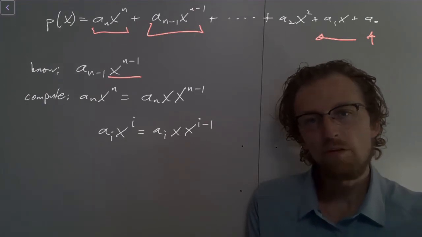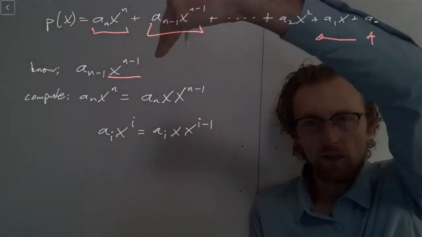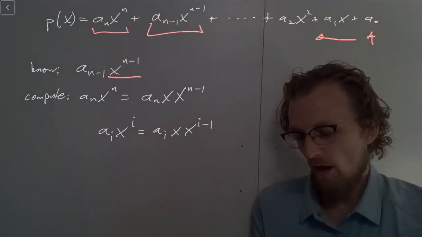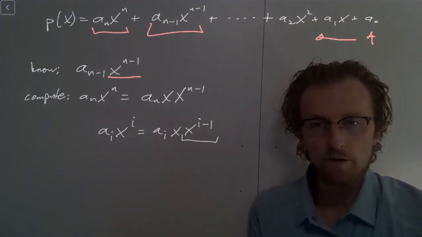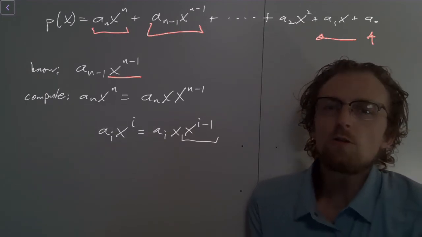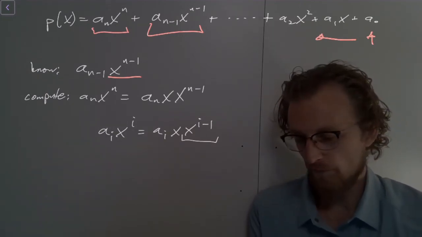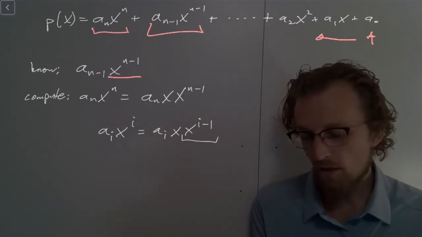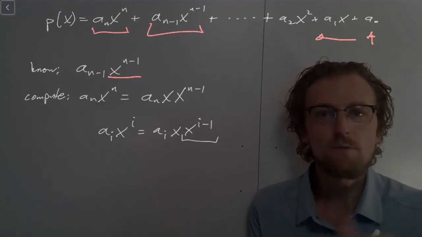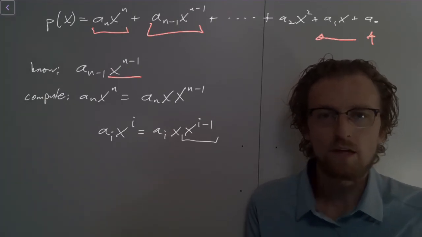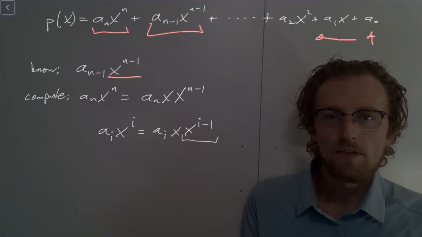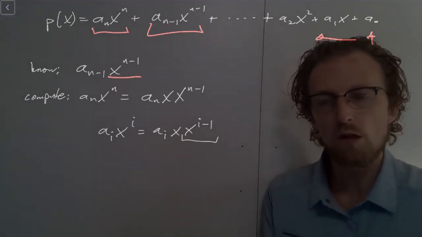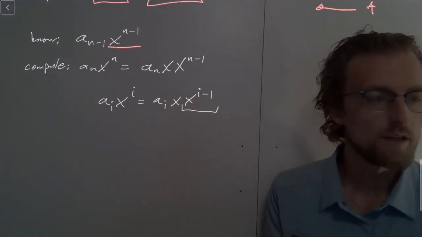And as long as I'm evaluating my polynomial in this direction, from small degree to large degree, and I have saved this value, then I can save a huge number of multiplications. So let's use this concept to create a new algorithm that saves the value of x to the power from the previous iteration, and then uses that to compute the next one, so that we don't have to keep multiplying on a huge number of x's as we go down the line.